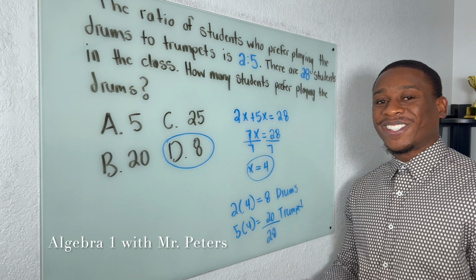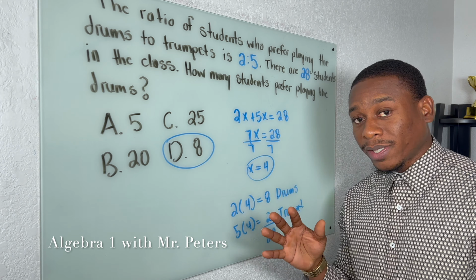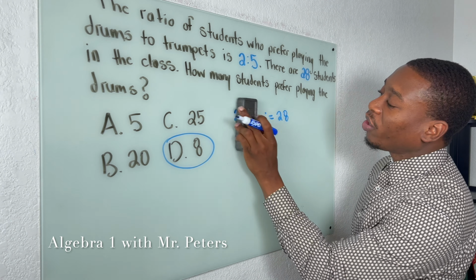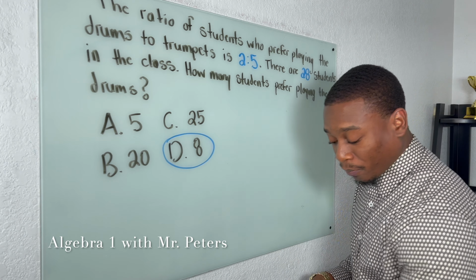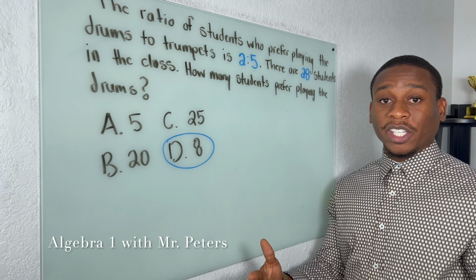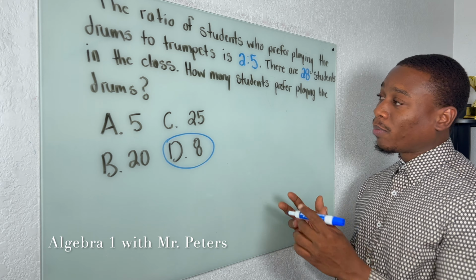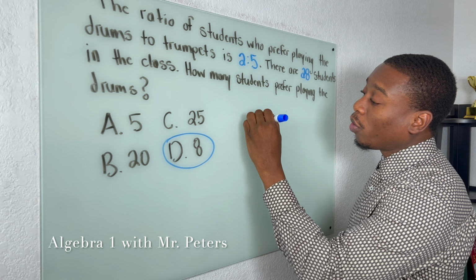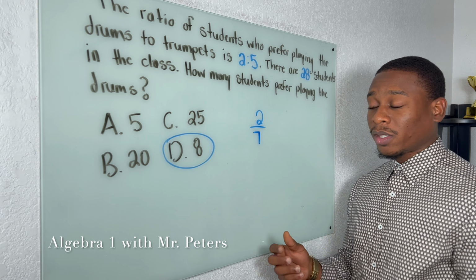If you're one of the students who like to set up proportions, I got you. This is how we would do it. So we just have to rearrange it and make sure that we do it correctly, I should say. So just remember, out of 7 of these students, 2 of them are going to prefer the drums.